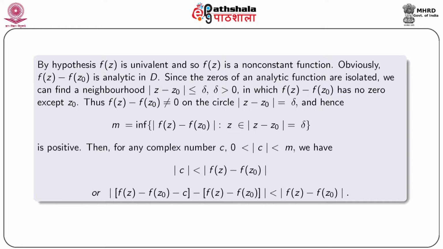Thus, f(z) minus f(z0) is not equal to 0 on the circle mod z minus z0 equal to delta, and hence m equal to the infimum of modulus f(z) minus f(z0) such that z belongs to mod z minus z0 equal to delta is positive.